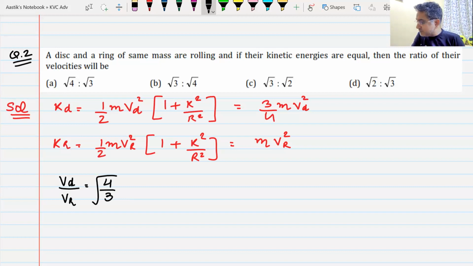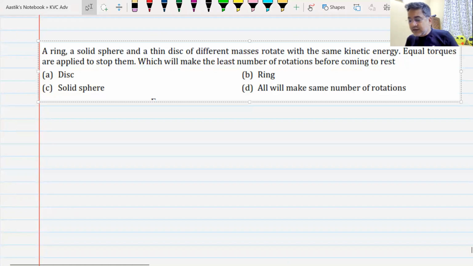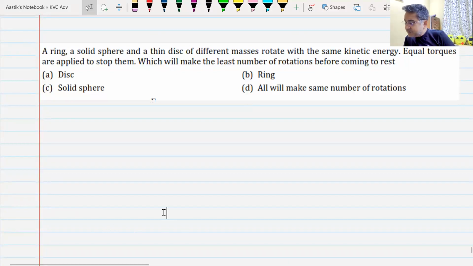Comes the next one. And I hope you can do this one. A ring, a solid sphere, and a thin disk of different masses rotate. They are only rotating. They rotate with the same kinetic energy. Equal torques are applied to stop them.